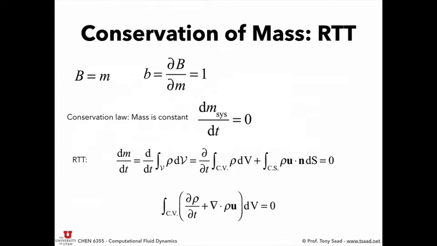That tells us this is minus rho u1 A1. Plus, on the other side, the unit normal is (1, 0, 0), so the flow is coming out. You're going to have rho, u2, A2, equals 0.